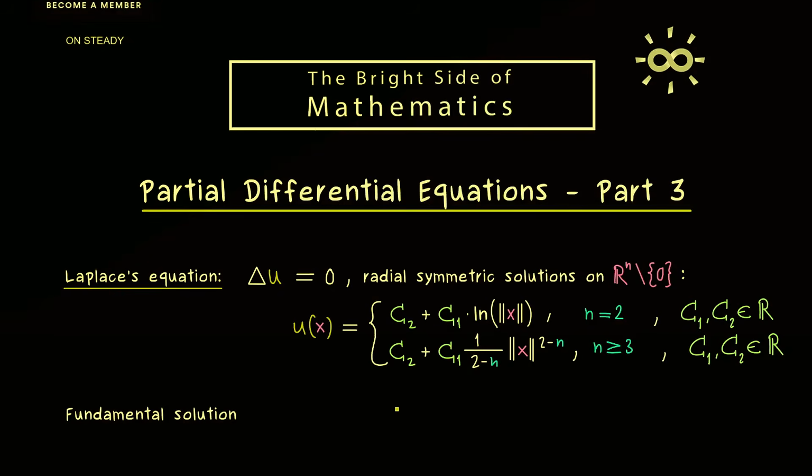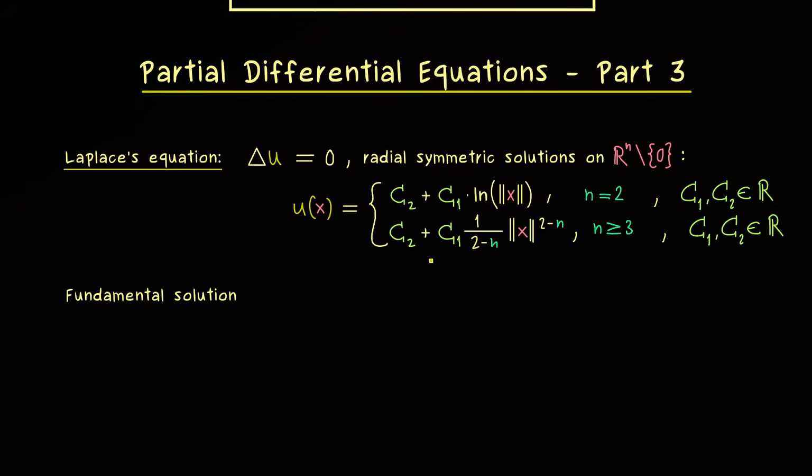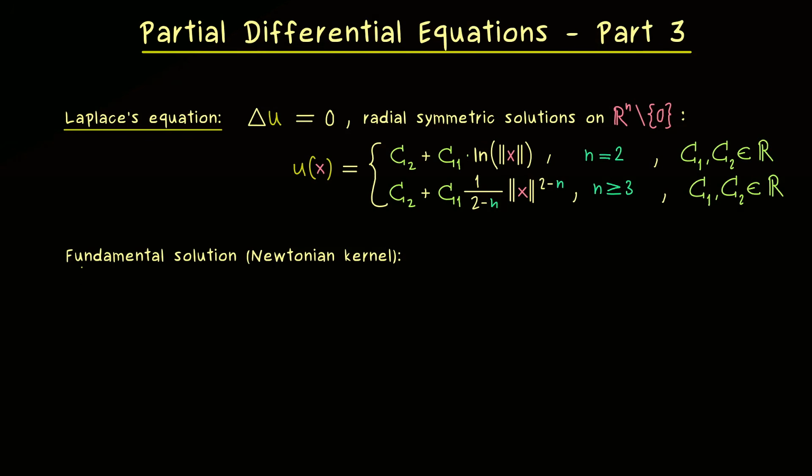In other words, we will just fix suitable constants c1 and c2. And as you might already guess, a natural choice for the constant c2 would be just 0. However, for c1 this is not so clear, and I will justify the choice for it later on. But first, let's write down the function gamma, which we call the fundamental solution of Laplace's equation.